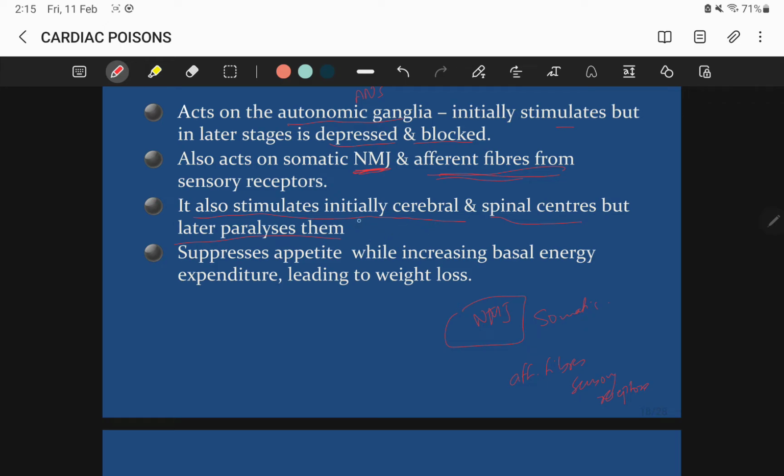This is due to it initially stimulating the cerebral and spinal centers, but later paralyzing them. It also suppresses appetite while increasing the basal energy expenditure, which leads to weight loss in people who smoke.